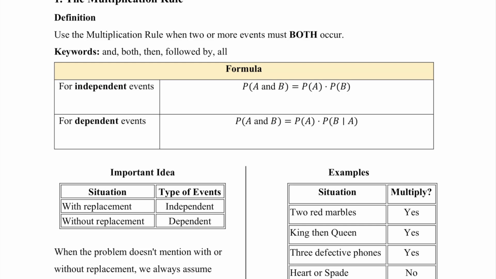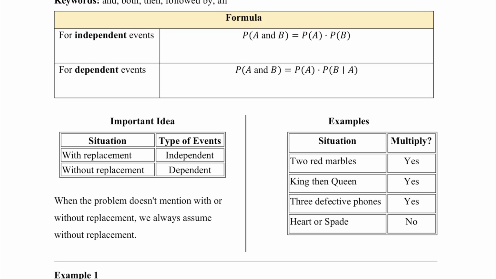Now, don't worry too much about the formulas right now. Our goal for this video is simply to recognize when multiplication should be used. We'll apply these formulas in the next video. There's one more idea from the previous section that we'll need throughout today's examples.